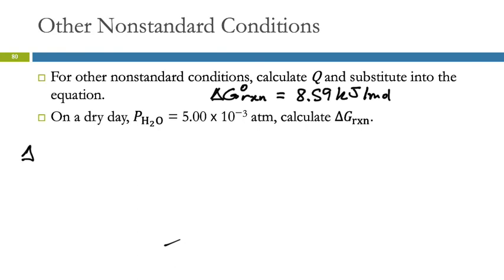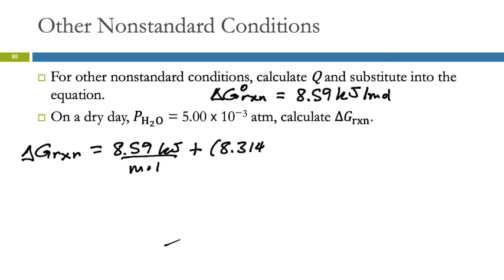So delta G for the reaction is equal to delta G standard plus RT, right? Yes. Plus RT, so R is 8.314 joules per mole Kelvin.